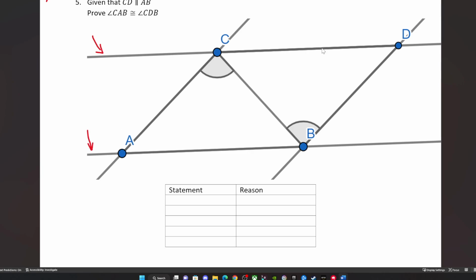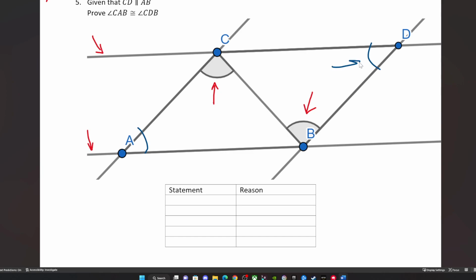Okay, so CD and AB are parallel. And look, this right here is a given statement because these two angles are congruent. That is definitely a given statement. They're asking us to prove that angle CAB, let's identify where angle CAB is. So CAB, that would be this angle, would be congruent to CDB. CDB, that would be this angle.